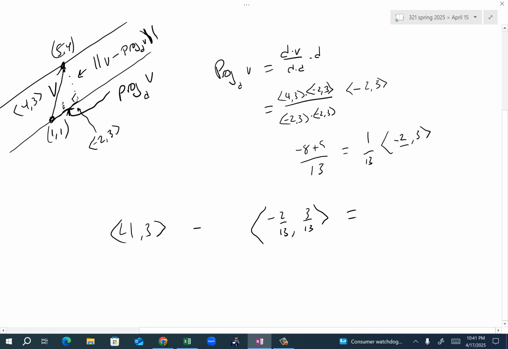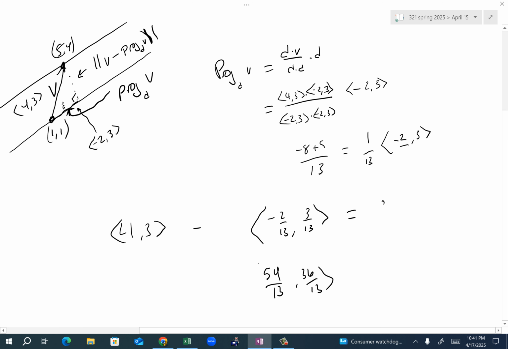Now what we're going to do is take 4, 3 minus this guy, and let's see what we end up with. Well, I need a calculator. 4 plus 2/13 is 54/13, and 3 minus 3/13 is 36/13.